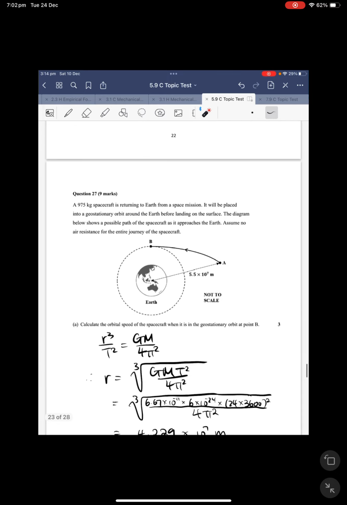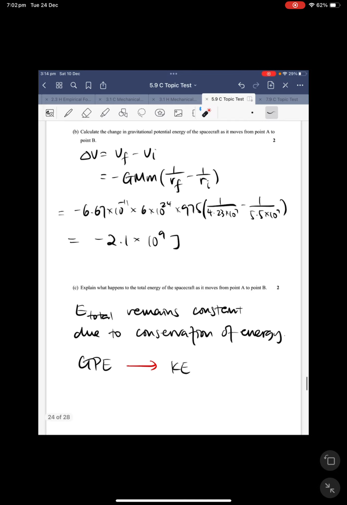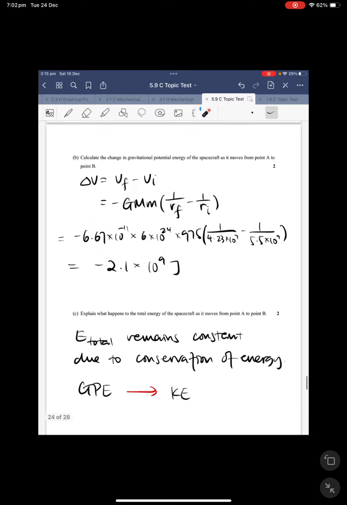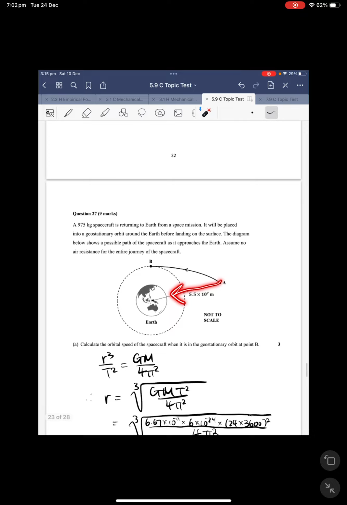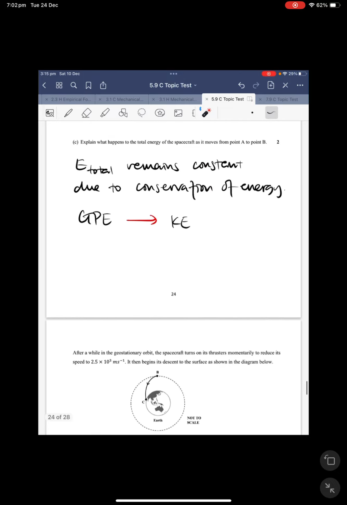The initial radius is given on the diagram, 5.5 times 10^7 meters. Substitute in all those values and you should get that the change in gravitational potential energy is -2.1 times 10^9 joules. Notice we're actually losing gravitational potential energy here because we're moving towards the Earth.